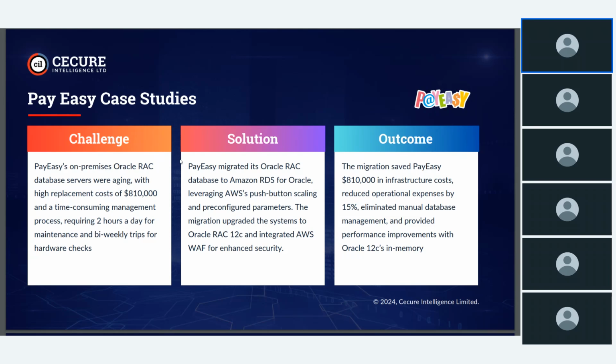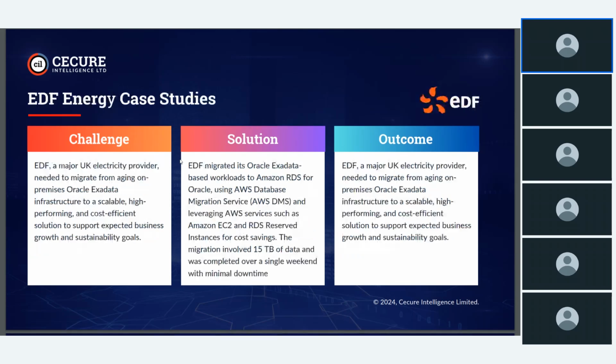Next, we have EDF UK. EDF UK is a UK electricity provider, and they were also suffering from aged databases. If you remember, I mentioned that one of the reasons why customers migrate Oracle workloads to AWS is because they need to purchase new hardware frequently, as often as every three or 5 years.